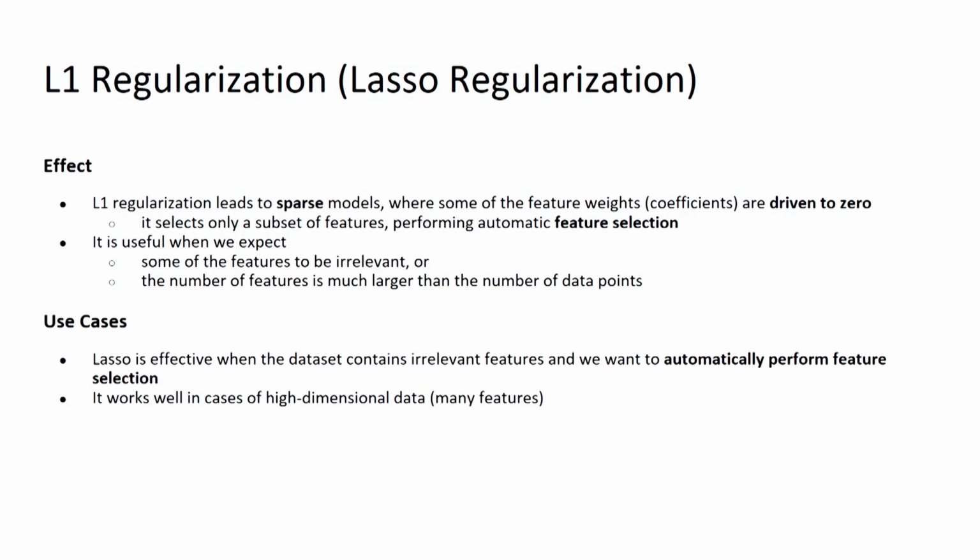Sparse models means that many of the coefficients can become 0 corresponding to those features that are not relevant. So your model will be like y equal to b0 plus b1 x1, but suppose x2 is not important, so b2 will be 0 and that term we will not have, then b3 x3, and then suppose x4 and x5 both are not relevant, so b4 and b5 will also be 0, then b6 x6 and so on.